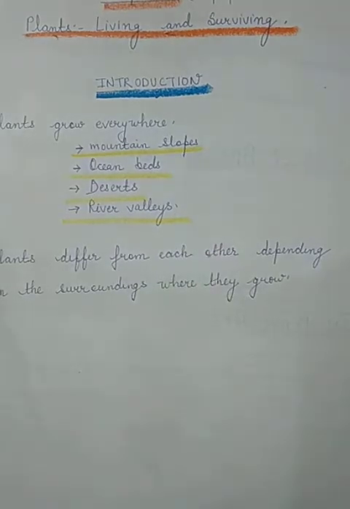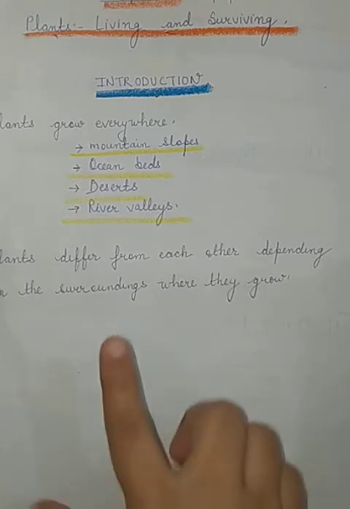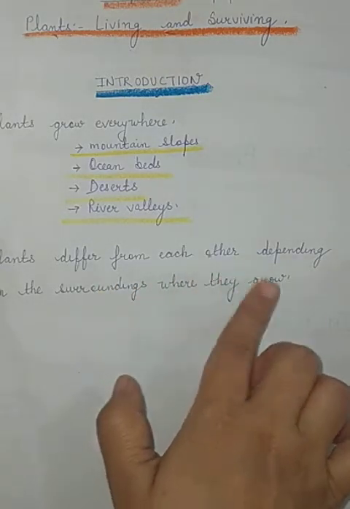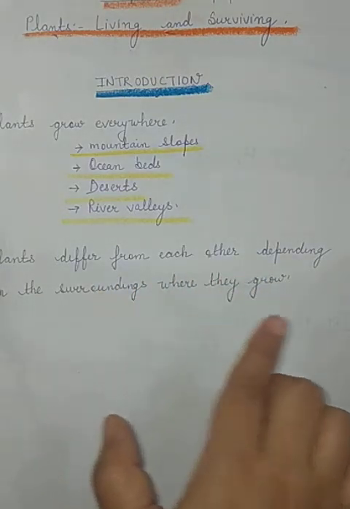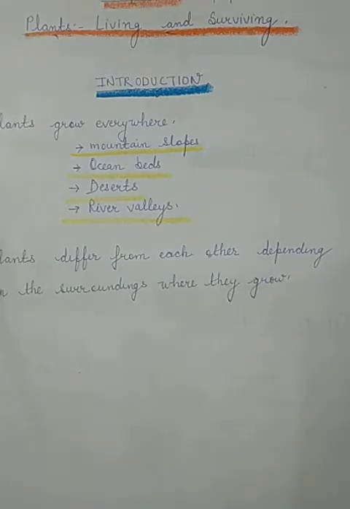Plants grow on every kind of land, whether mountains, desert areas, snowy areas, river valleys, ocean beds and so on. But these plants differ from each other depending upon the surroundings where they grow, and their growth and features are different depending upon the different kinds of areas in which they grow.